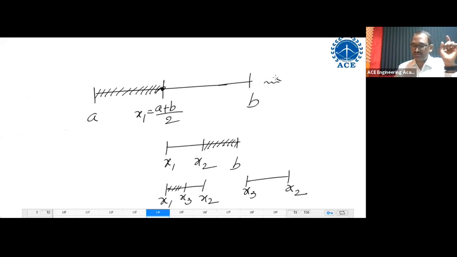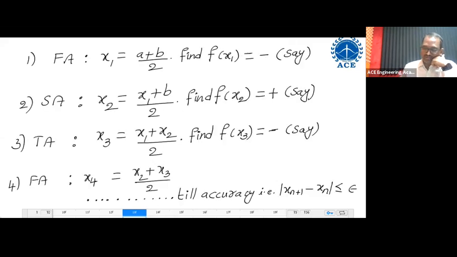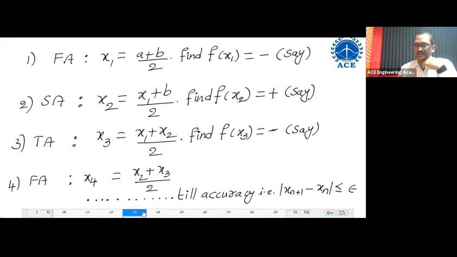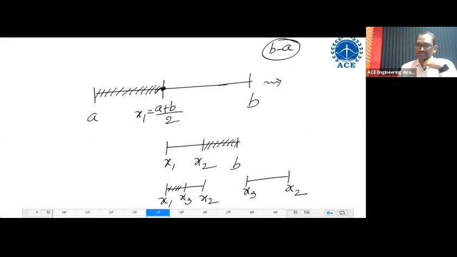What is the length of this interval? The original length of the interval a comma b is b minus a, end point minus initial point. Now the root lies between x1 and b. What is the length of x1 to b?